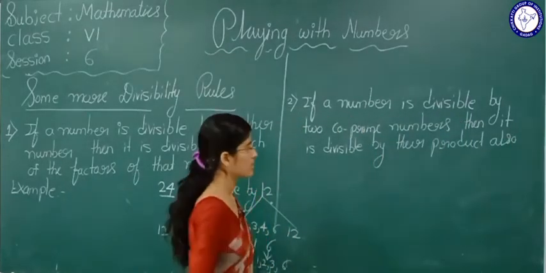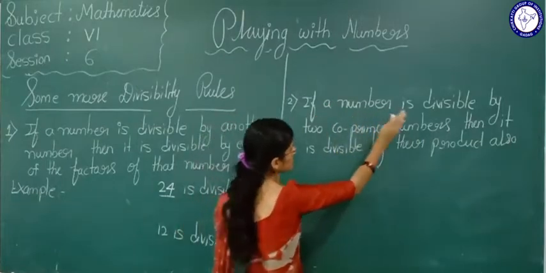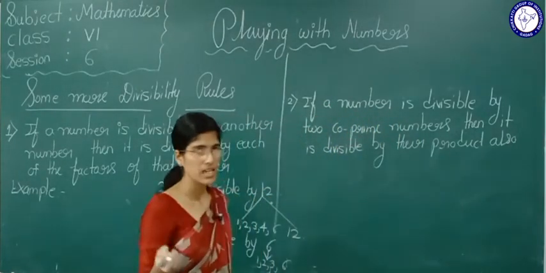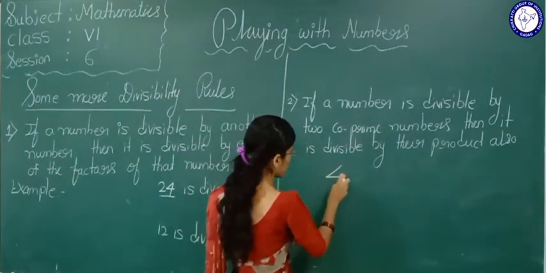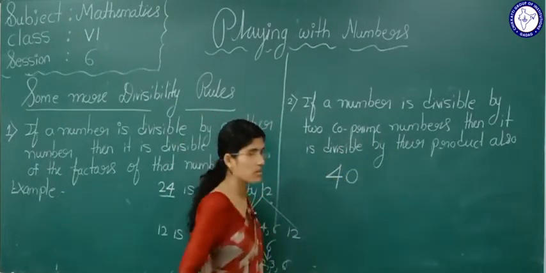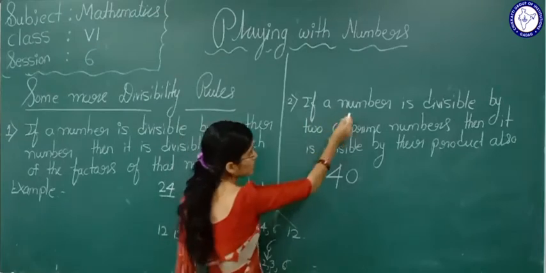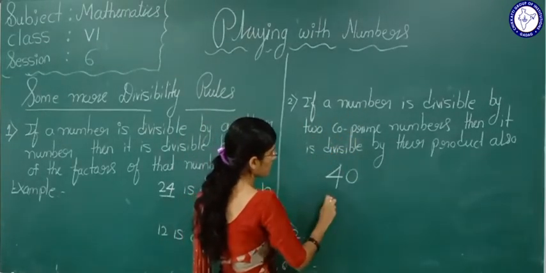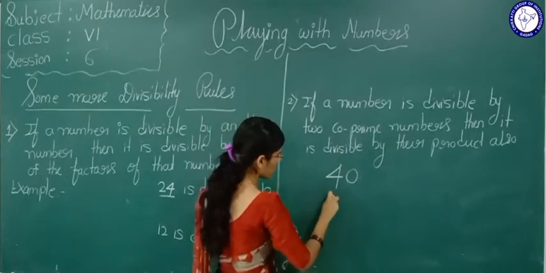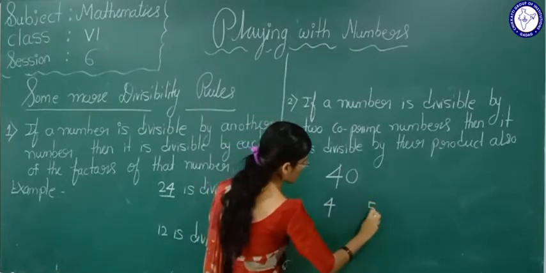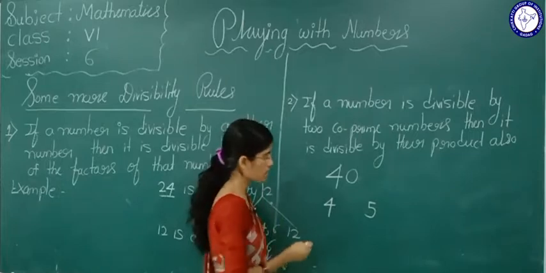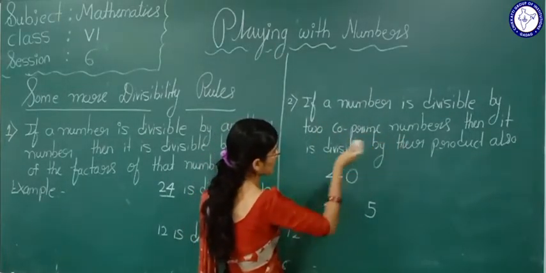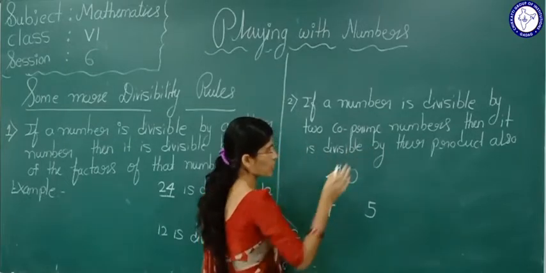Now see, take any number, I will take the number 40. I will take co-prime numbers as 4 and 5. If a number is divisible by two co-prime numbers, then it is divisible by their product also.